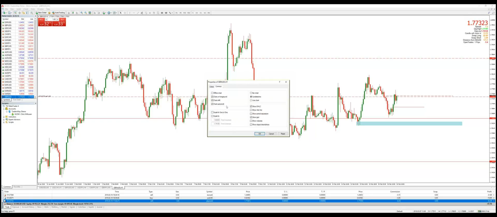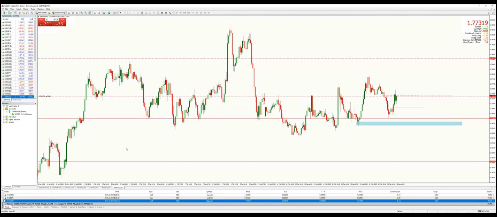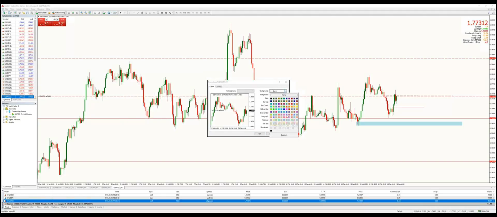Background. I remember the color. We don't want grid. I hate grids.